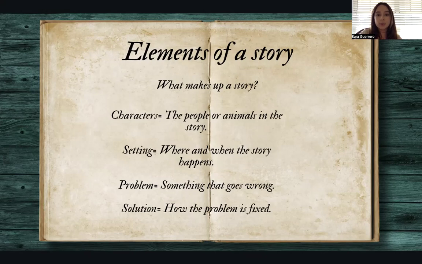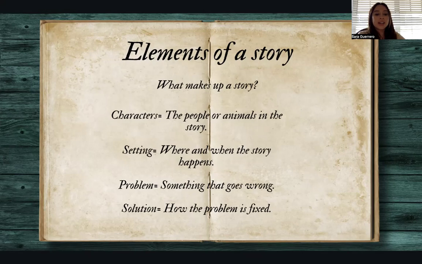Characters, the people or animals in the story. Settings, where and when the story happens. A problem, something that goes wrong. Like in most stories or in the movies, there's always a plot, there's always a problem, there's always something where you think, oh, I know that's gonna happen. But then we always have a solution.